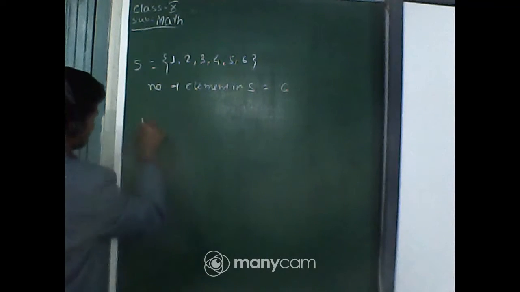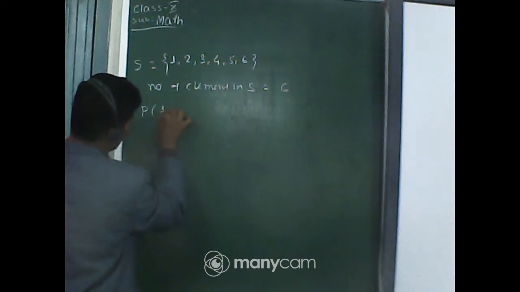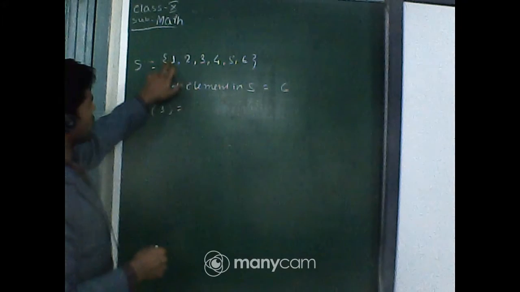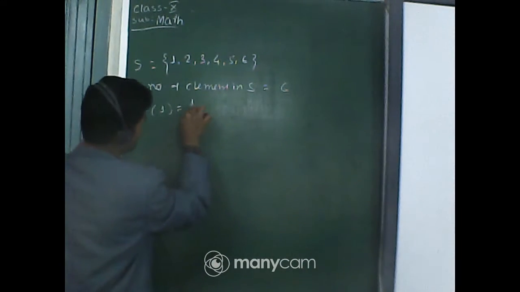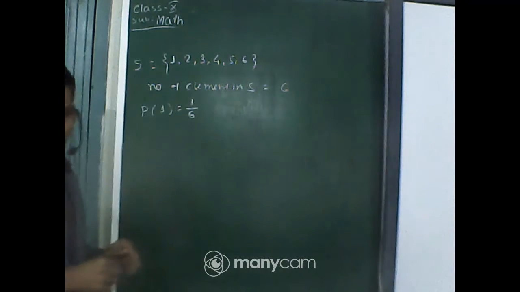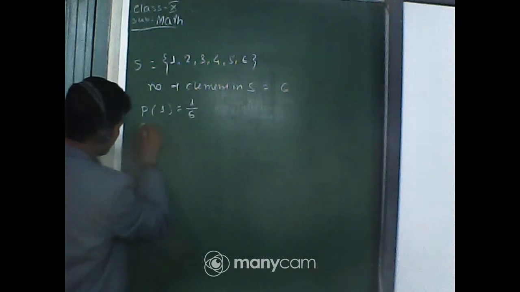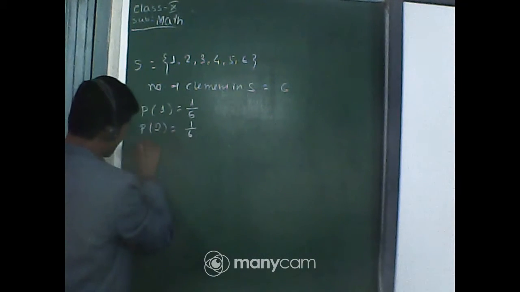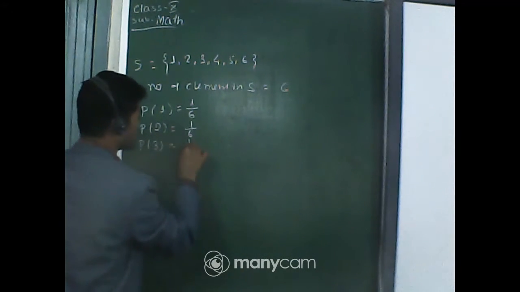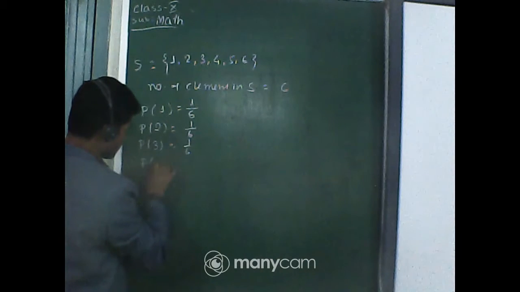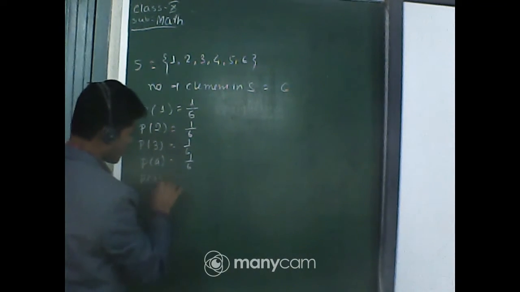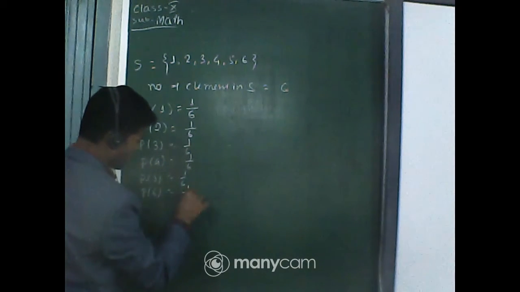Now my question is, what is the probability of 1? There is only 1 out of 6, so 1/6 is the probability of 1. Similarly, the probability of 2 is also 1/6, of 3 is 1/6, of 4 is 1/6, of 5 is 1/6, and of 6 is 1/6.